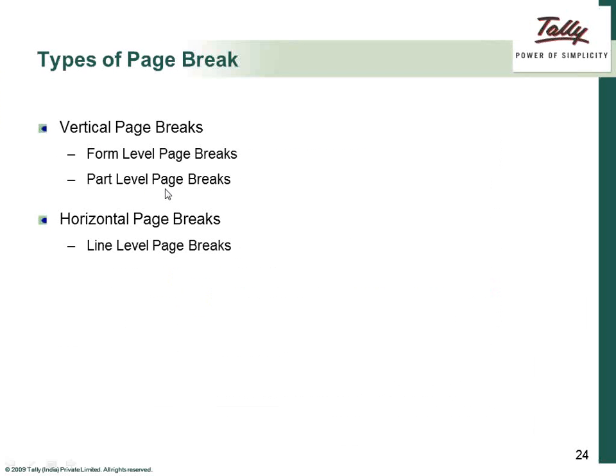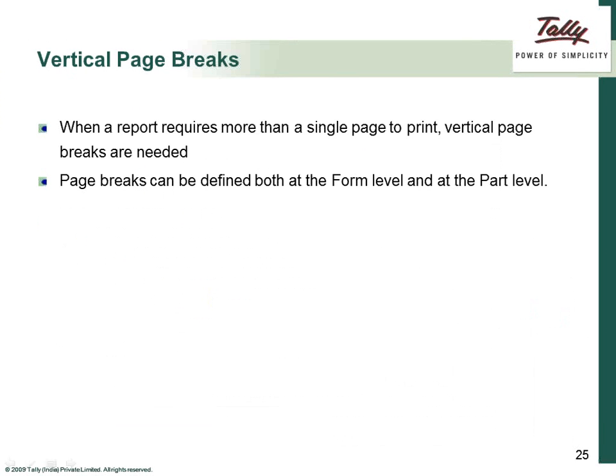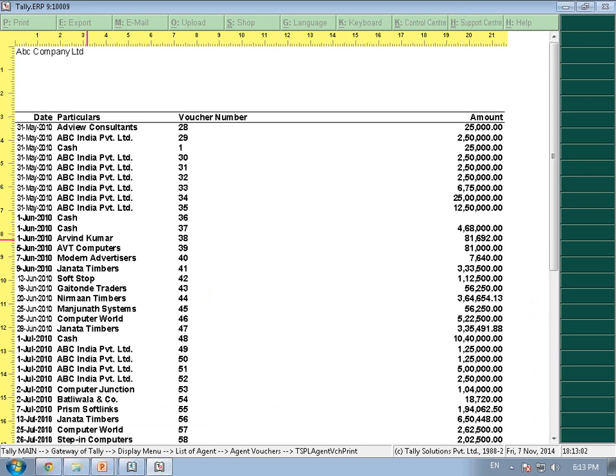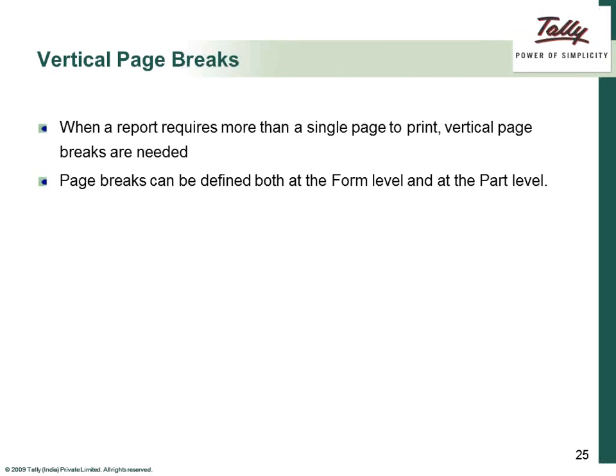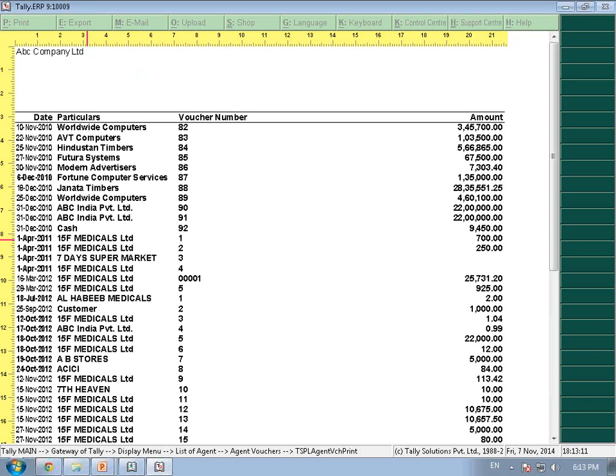Similarly, if you have a columnar report, you can also provide horizontal breaks at line level, which takes the name of the fields. If I want to repeat all my title lines in all the pages, how can I do that? That is what I have done, right? For that, at part level, I have used my title line as my opening page break.